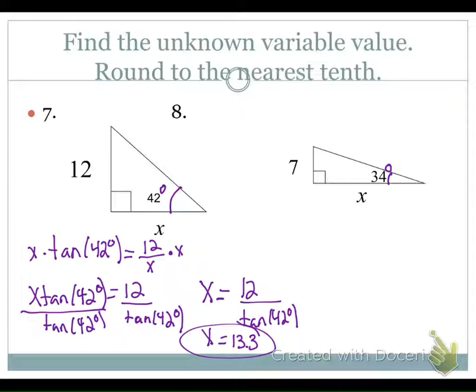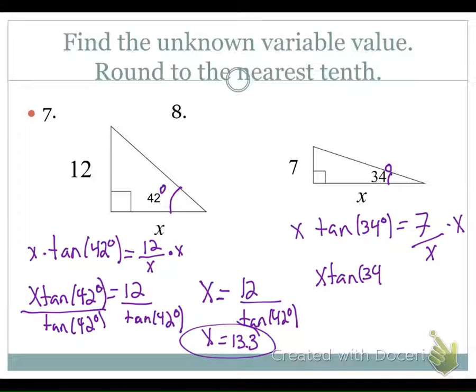So we're going to start with tangent of 34 degrees, that's the angle we have, equals opposite, which is 7, all over x. It's a similar setup. Now we want to get x by itself. Just like we said, we're going to multiply each side by x.